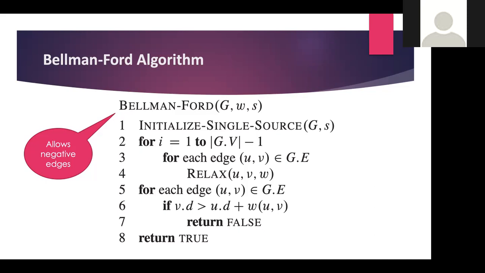So if you start with the correct distance for one vertex, all its neighbors would eventually have the correct value for the distance after you relax those edges. Since you already know the length of the shortest path from source to itself, which is 0, it cannot be negative because there are no negative cycles.